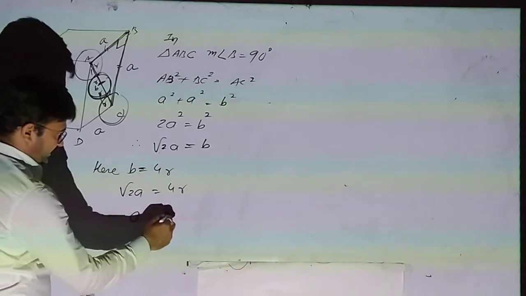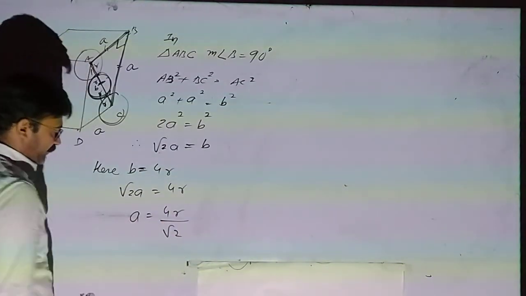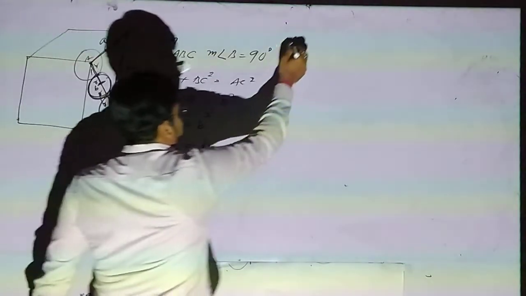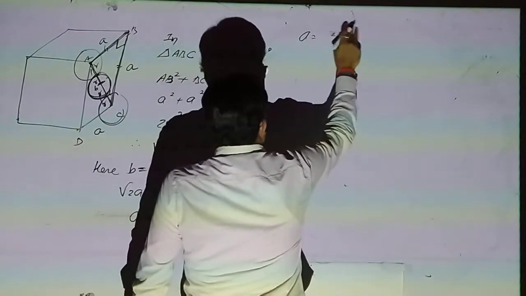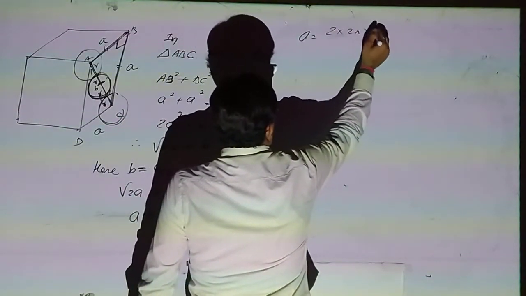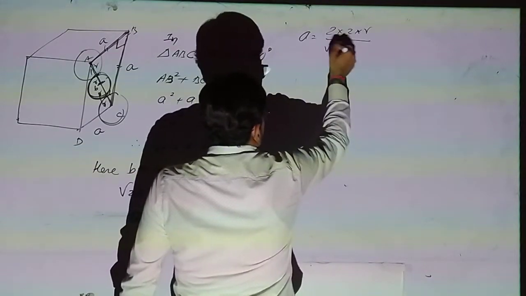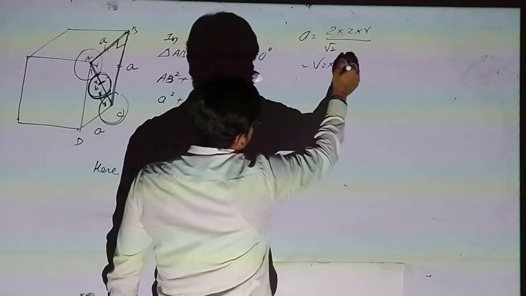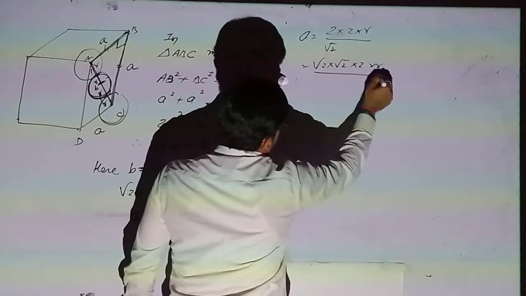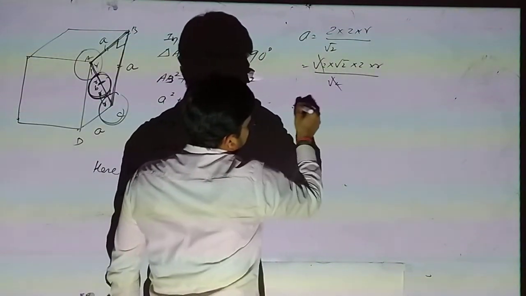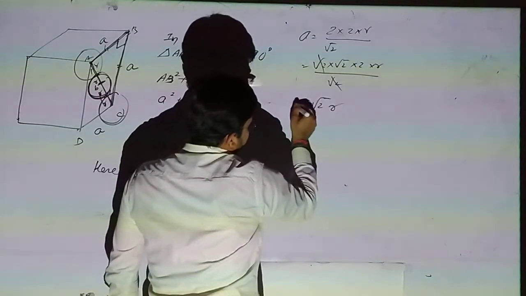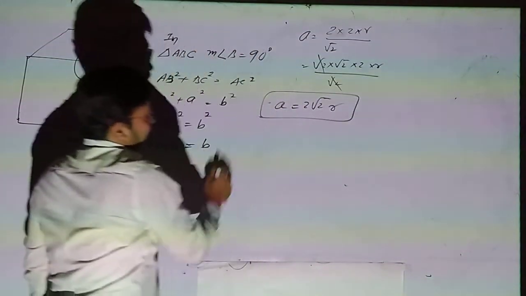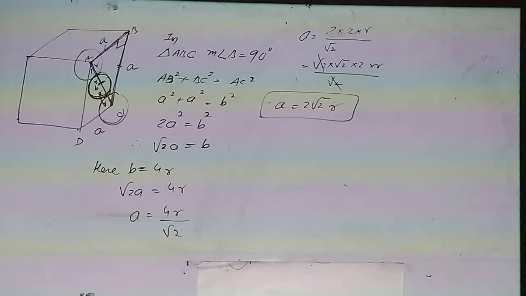So a is equal to 4r upon root 2. So the edge length is 2 into 2 into r upon root 2. 2 means 2 times root 2 we can take. So root 2 cancels. So our edge length is, remember for numericals, the edge length in the FCC structure is 2 root 2 r.